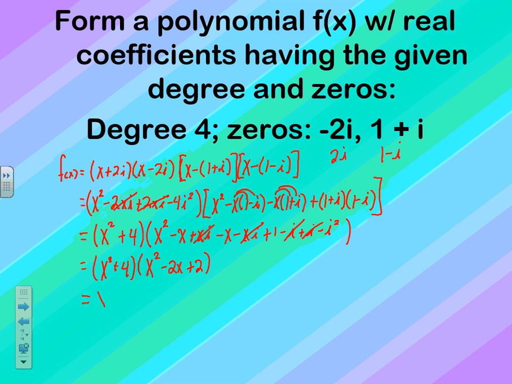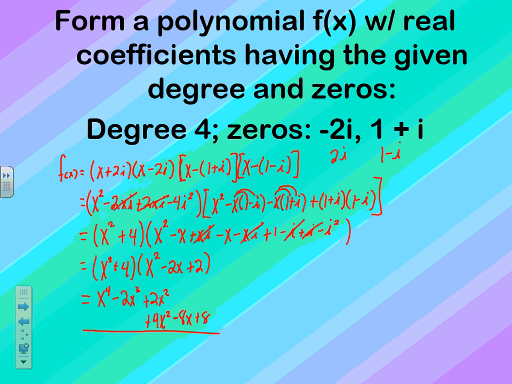x squared times x squared is x to the 4th. x squared and the negative 2x will be minus 2x cubed, and so on, plus 2x squared. And then multiply the 4 through, and I'll get a positive 4x squared here, minus 8x plus 8.